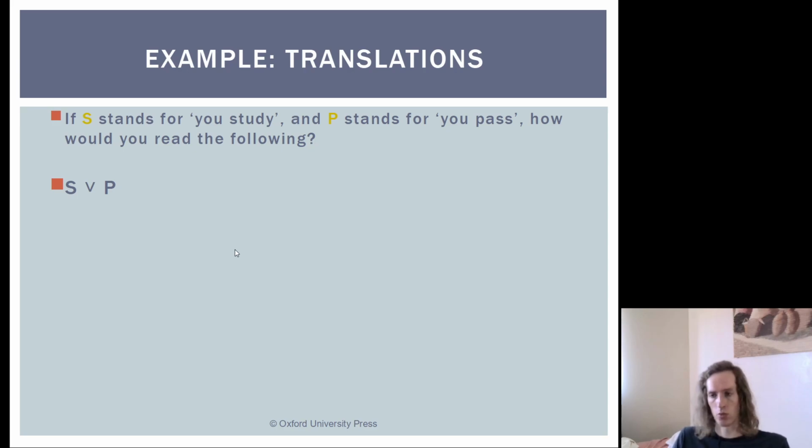We're just concerned with one of these two statements being true, either S or P. So you studied or you passed. Here we have a conjunction instead of a disjunction, where we're using the dot rather than the vel. So this would be S and P, or you study and you pass.